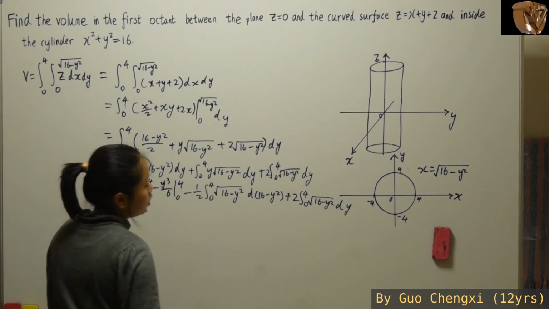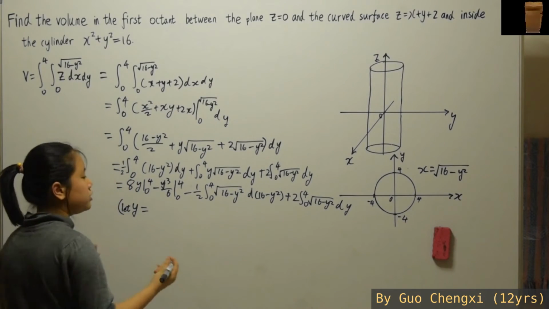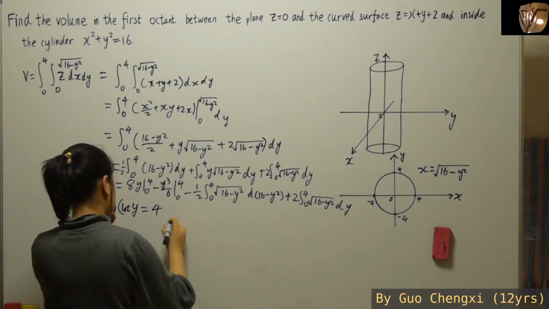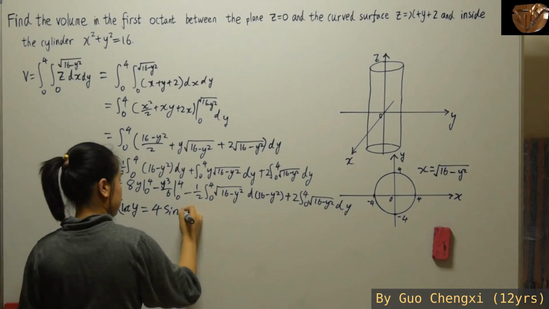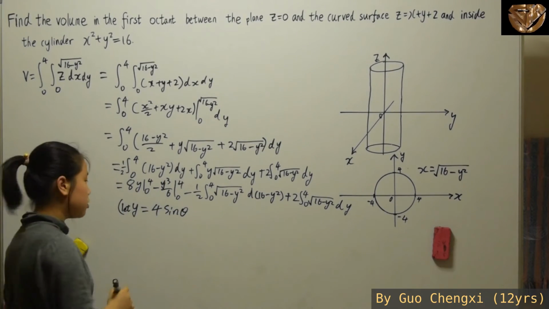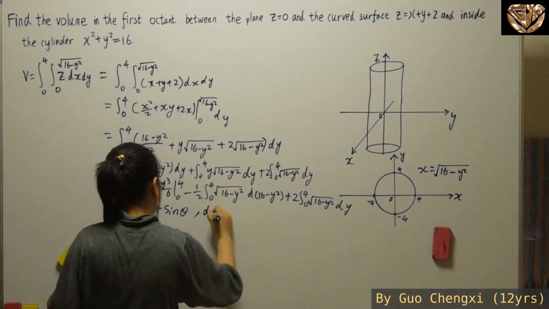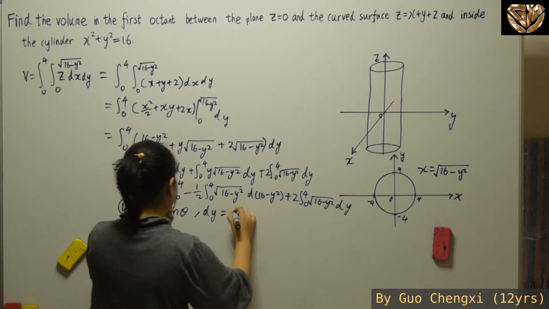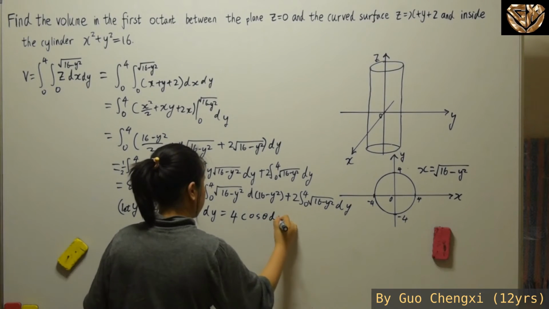You can choose sine or cosine, both are okay, but you must have a 4 in front. Okay, let y be 4 sine theta, thus dy will be equal to, you basically differentiate on both sides, and the derivative of sine is just cosine theta d theta.